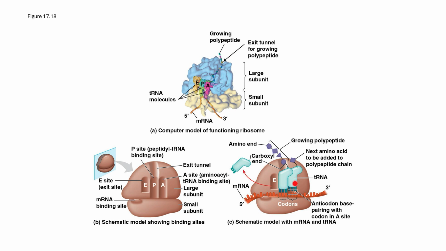This tRNA is going to move to the P site, displacing the tRNA that was here to the E site, and it's going to leave. So in the E site, that tRNA is going to exit. This tRNA is going to bring the next amino acid in. It will move and add that amino acid to the growing polypeptide chain, which is going to eventually be the protein.